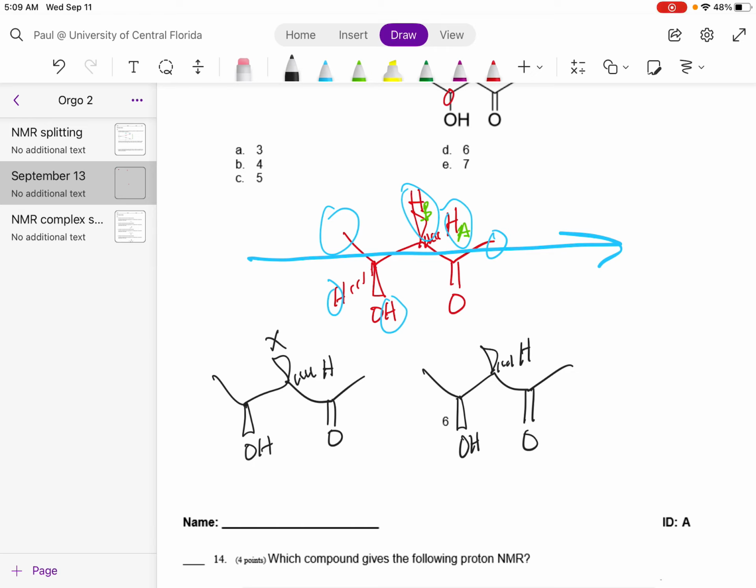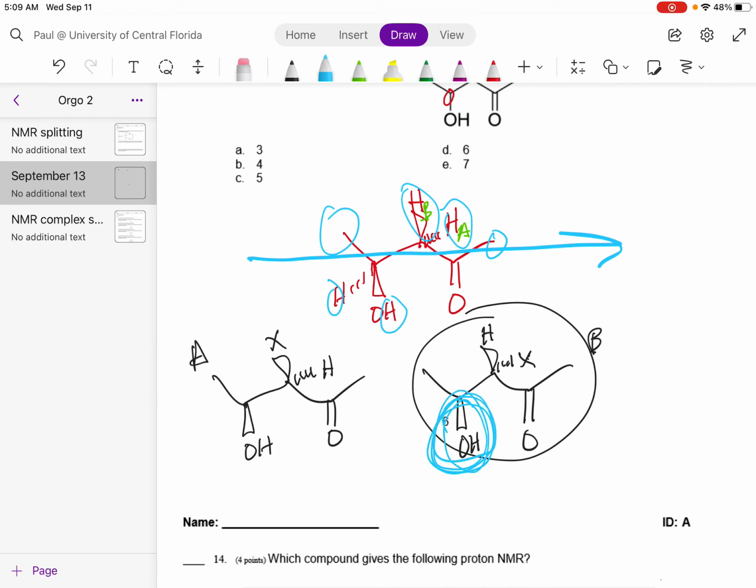No, that one's the X. Okay. Now if we just say that's molecule A and that's molecule B, what's the relationship? Can I superimpose them? No. Is there a mirror image? No, there's not. If you take this and flip this 180 degrees, everything is a mirror image except for this, which is now a dash when you rotate it 180 degrees on the vertical axis.